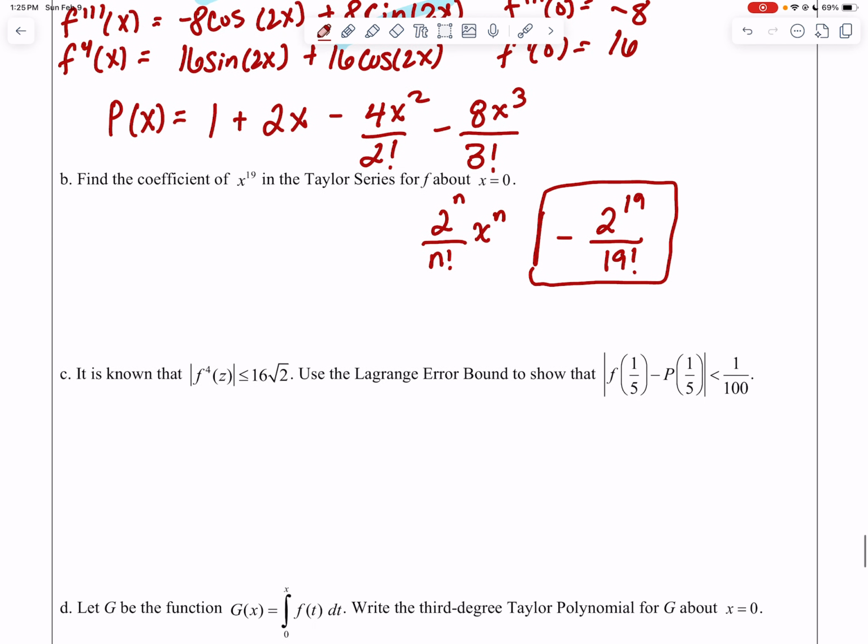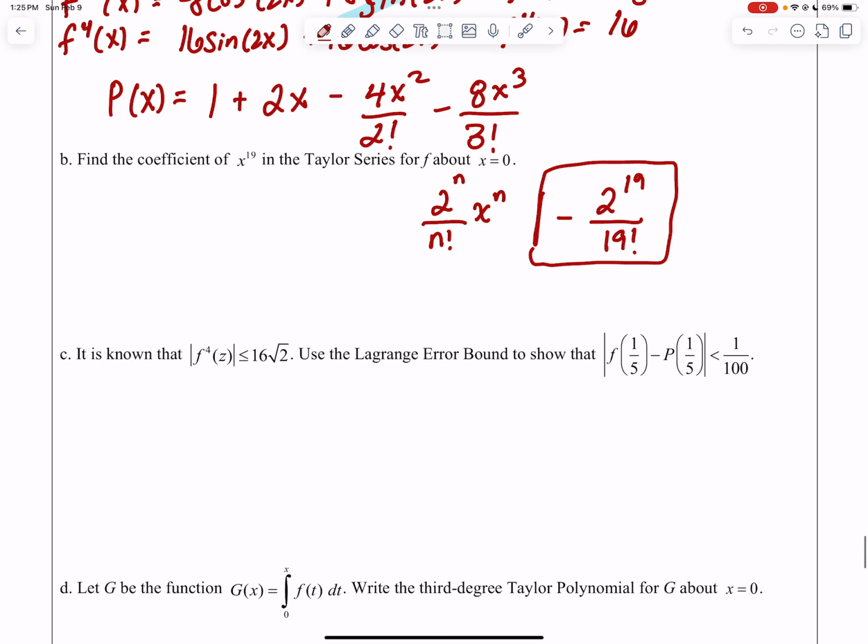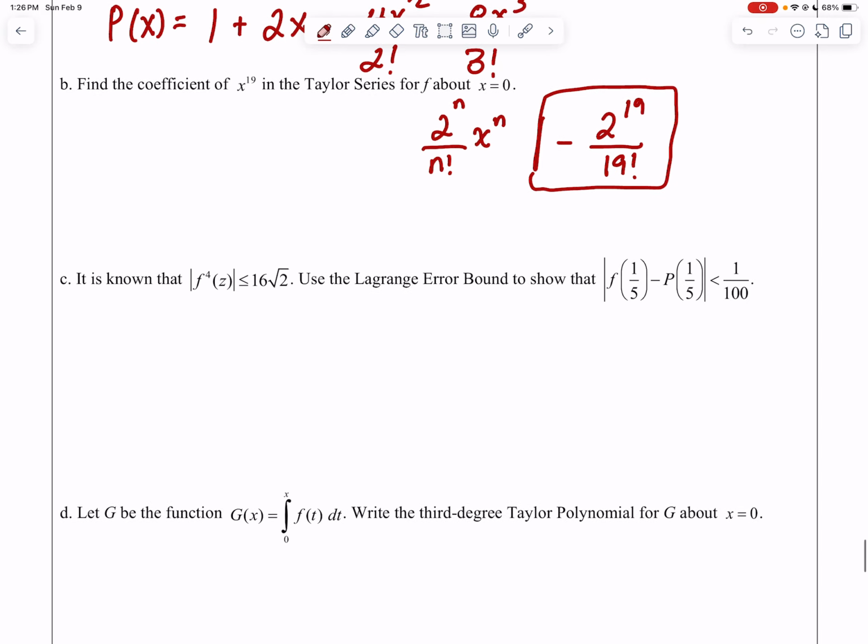For part C, we know that the maximum fourth derivative is 16 root 2. And we want to use Lagrange error bound to show that this lovely thing is less than 1 over 100. So we have my error here is less than or equal to my maximum derivative.